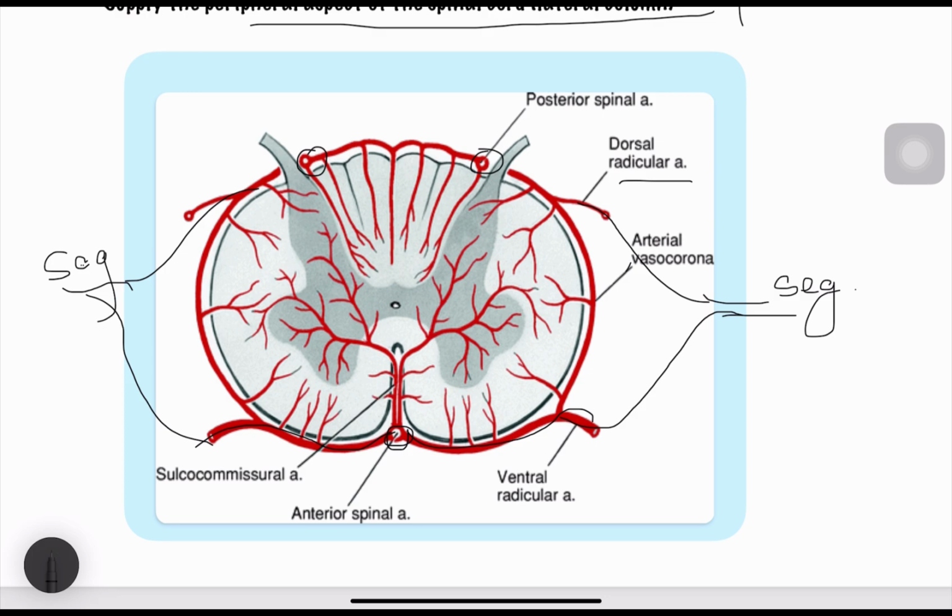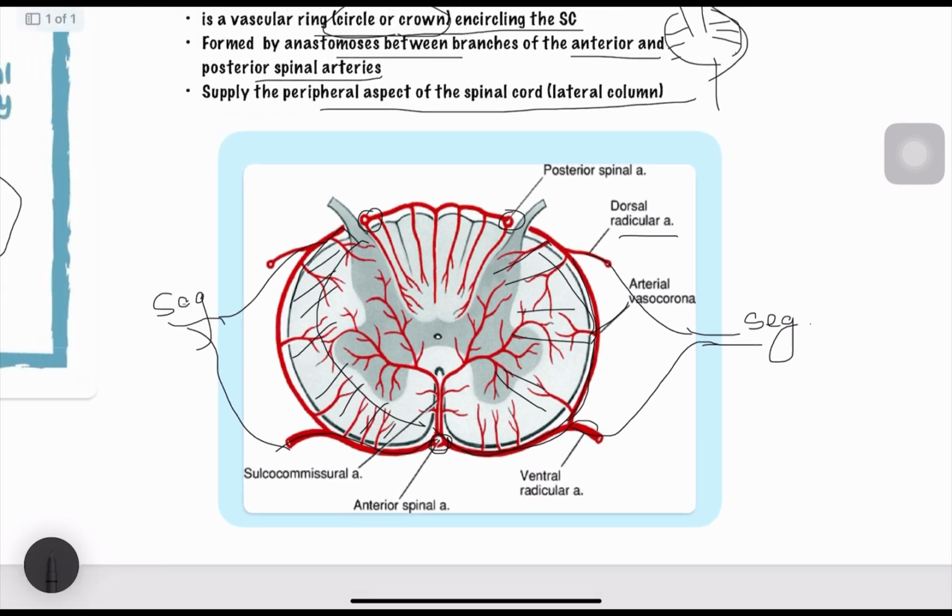And this is the arterial vasocorona, which forms the anastomosis between the anterior spinal and the posterior spinal artery and supplies the lateral parts, forming a ring-like structure over here. This is the crown, and it also supplies the peripheral region.